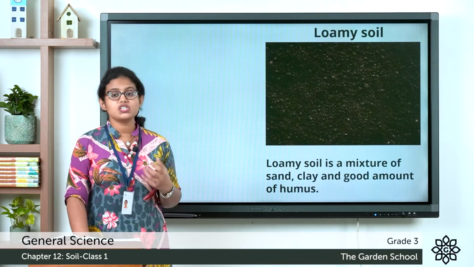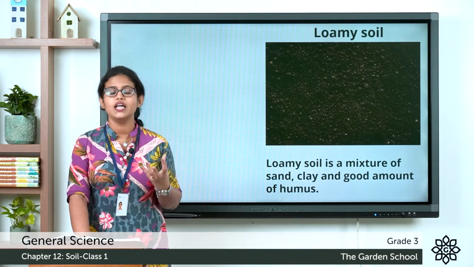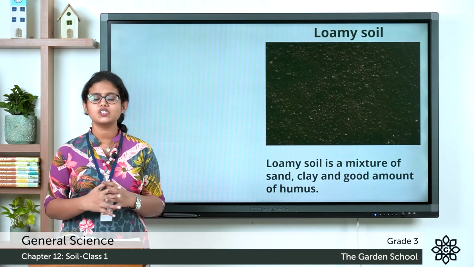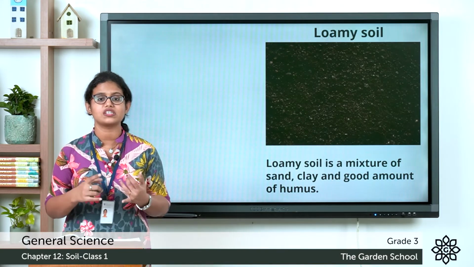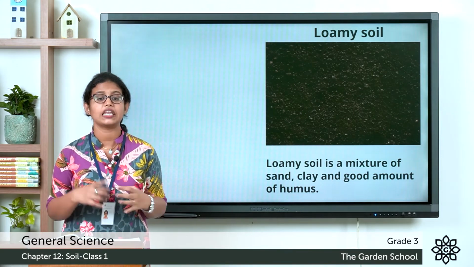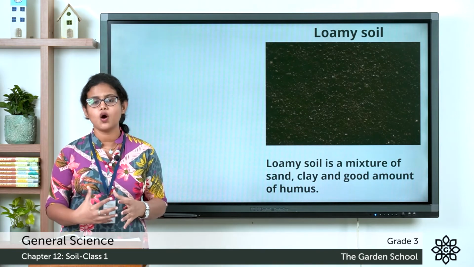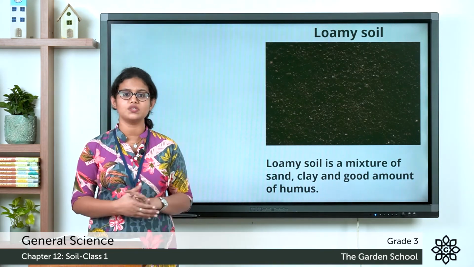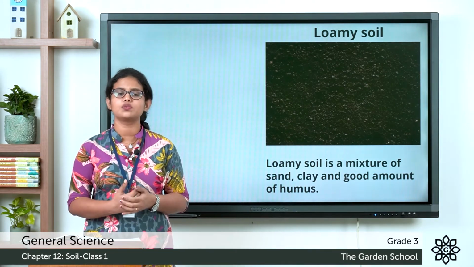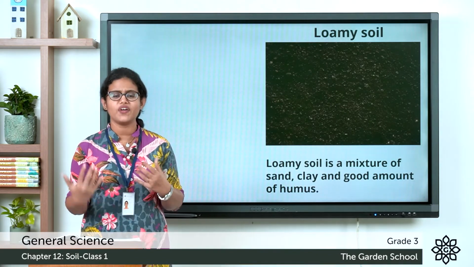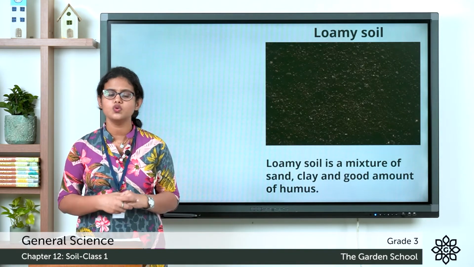Then which is the next type of soil? That is the loamy soil. Loamy soil contains a mixture of sand, silt and a good amount of humus. So what is humus? Humus means the dead remains of plants, which is very suitable for the plants to grow.